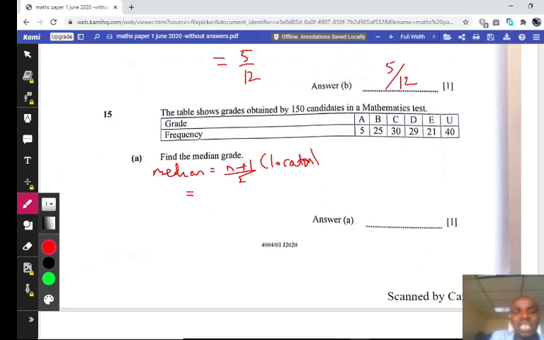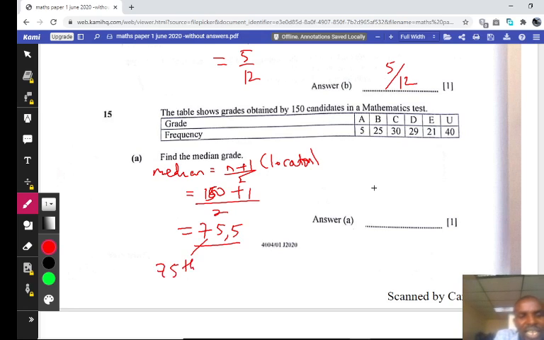So it will be 150 plus 1 over 2, it will be 151 divided by 2. So it means 75.5. So it means the median is between the 75th term and the 76th term. That's where you can find the median.